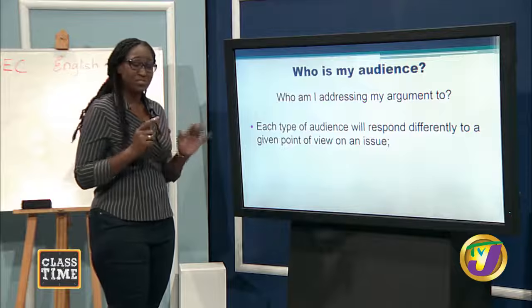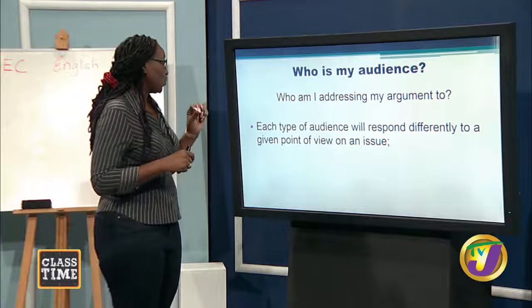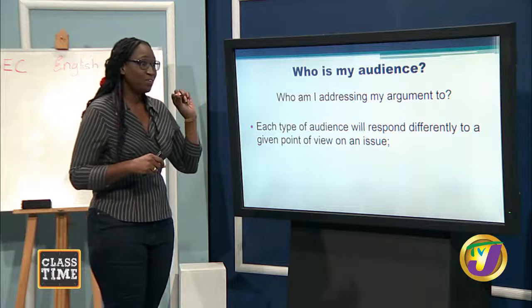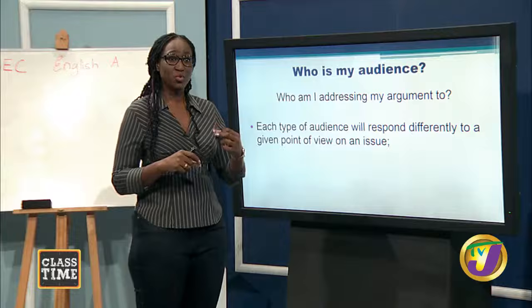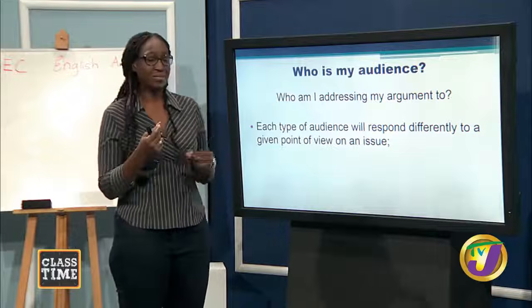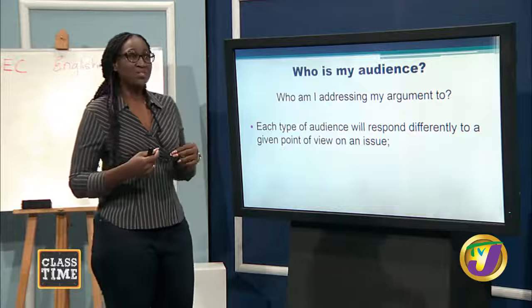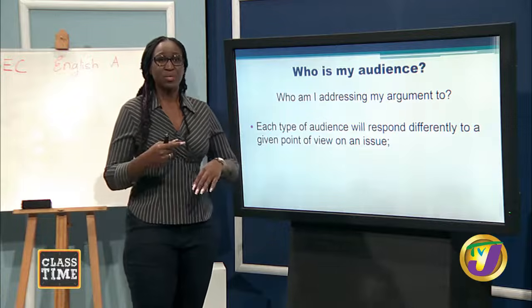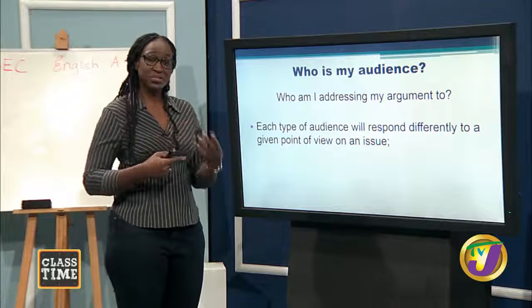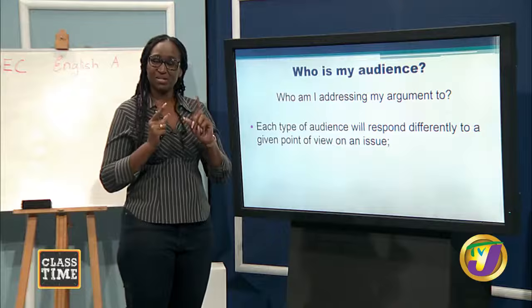Each type of audience is going to respond to different stimuli. Now, think of it now. If your audience is supposed to be a school official, then of course you know that you'll need to incorporate things that are relevant to the education scenario. If your audience is supposed to be, say, a lawmaker, somebody who is in charge of making certain decisions on a national level, then you have to shift your mindset now.